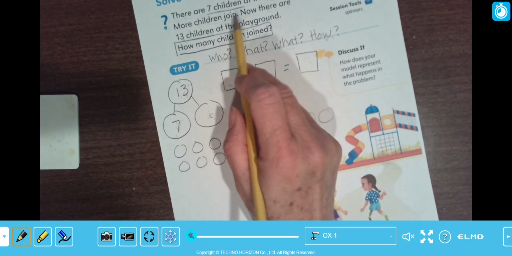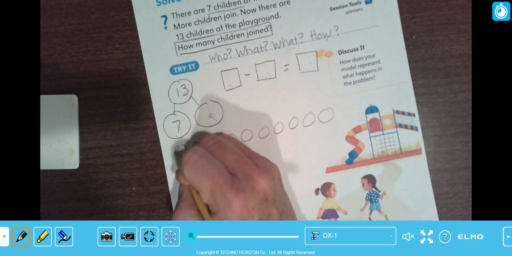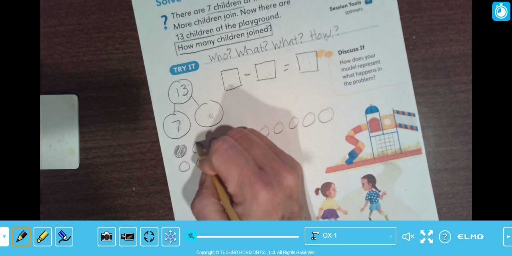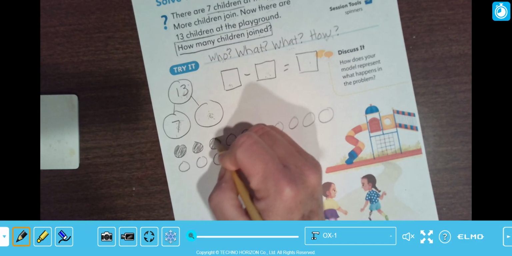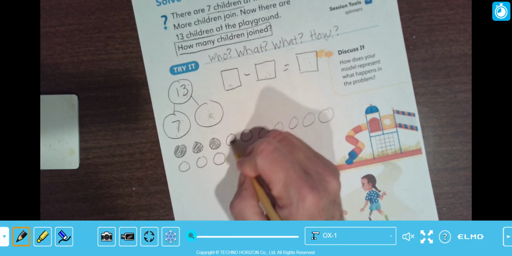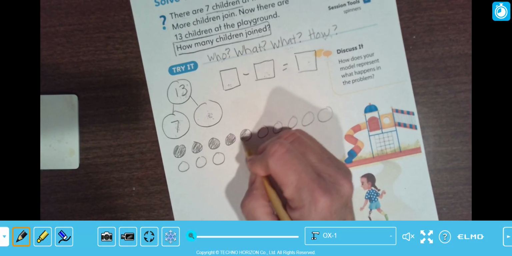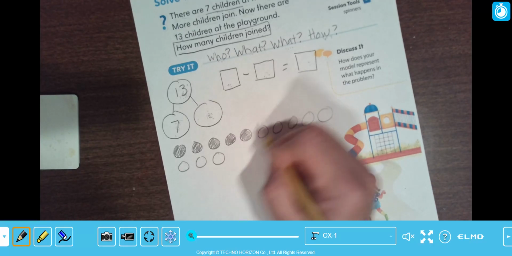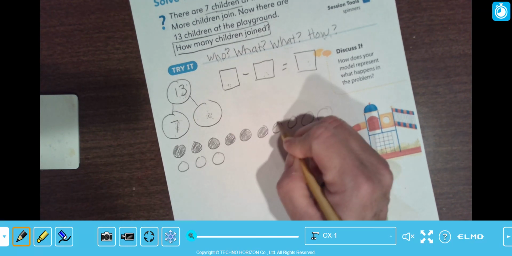Okay, now, the ones that were at the playground at first, let's color those in. There's 7 of them. 1, 2, 3, 4, 5, 6, 7.